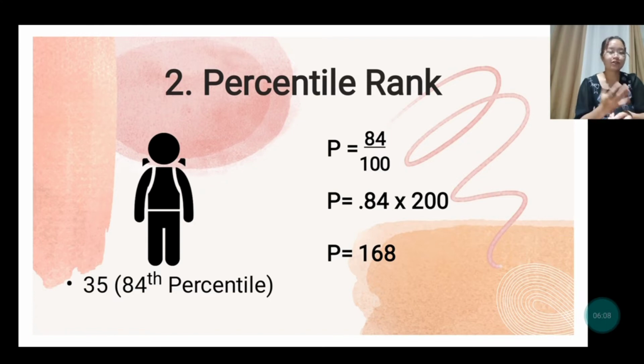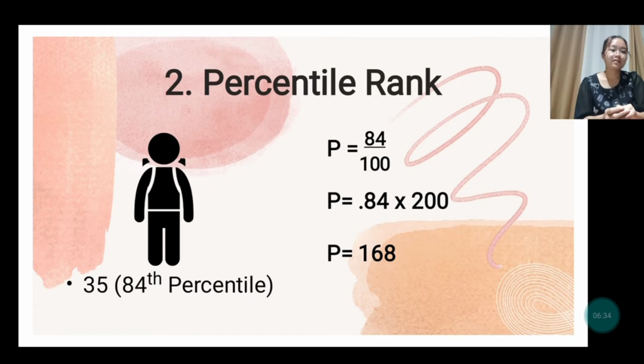Here is the solution. 84 divided by 100 is equal to 0.84, times 200, which is the number of students who took the exam.